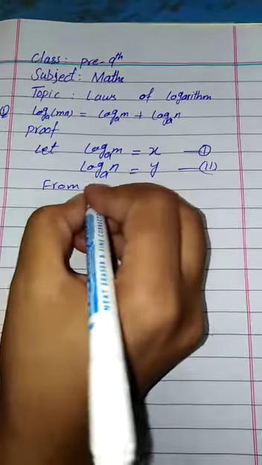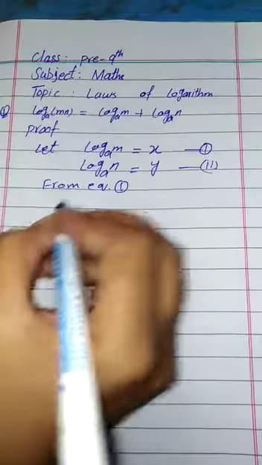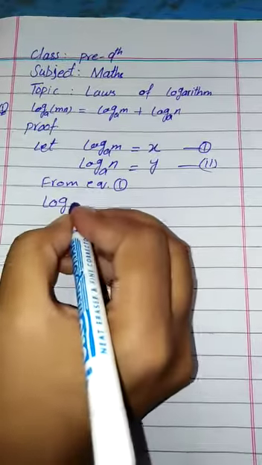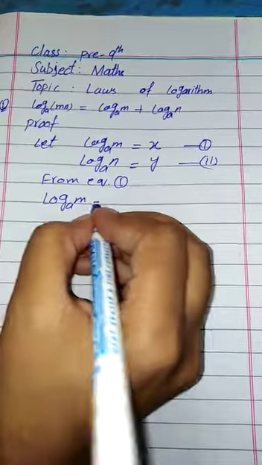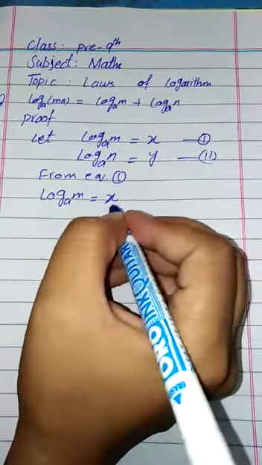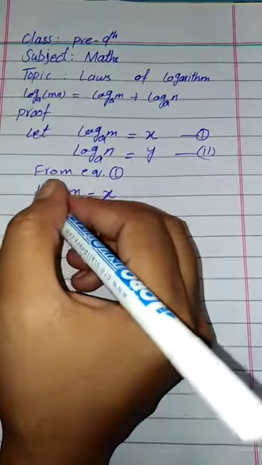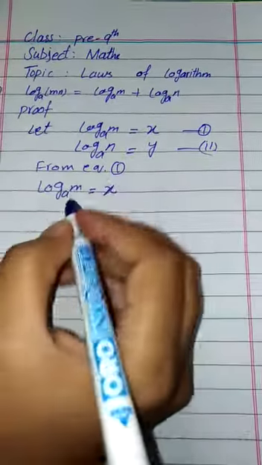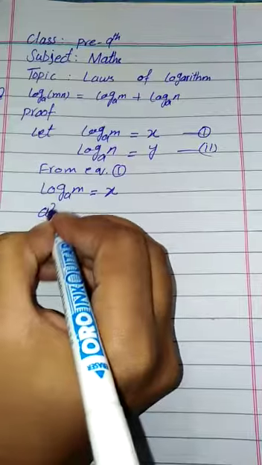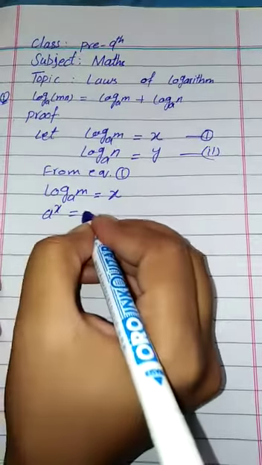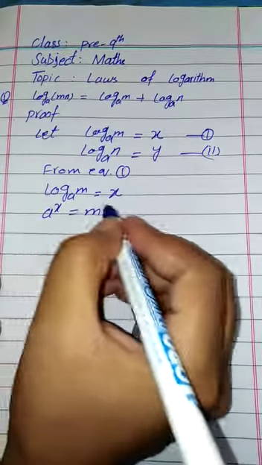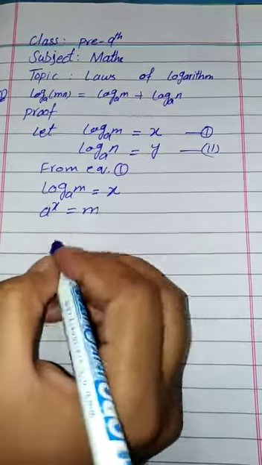From equation 1, log m with base a is equals to x. Write this in exponential form. A power x is equals to m. This is exponential form. Now equation number 2.